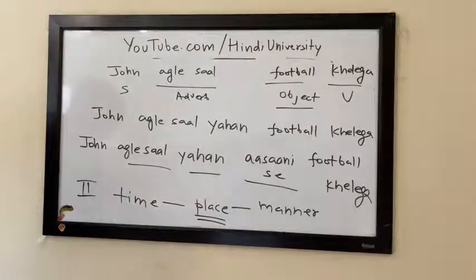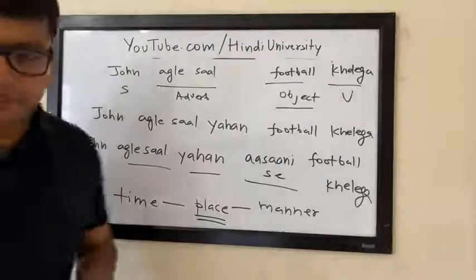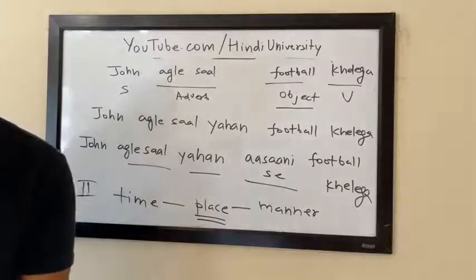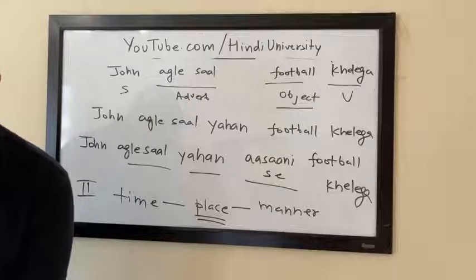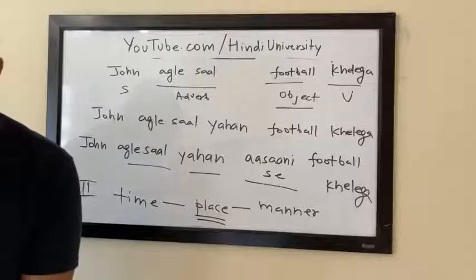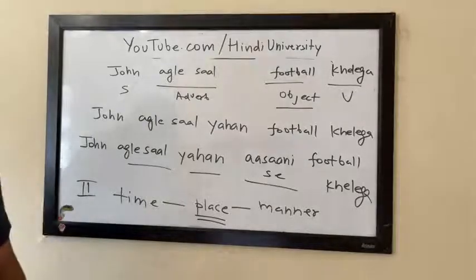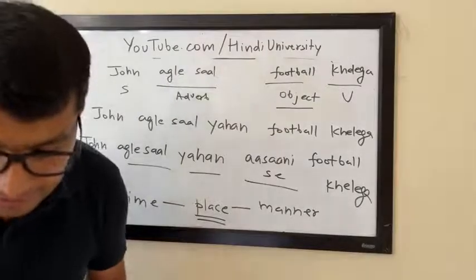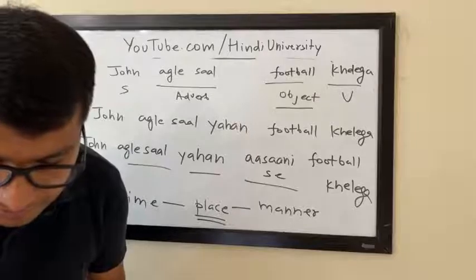Okay. But again, as I said, don't get confused even if somebody's changing the order, which is absolutely correct. Okay. Any questions so far? Before we move to the next section of the class, which is the listening one. Okay. So time, place, and manner can all be interchangeable.